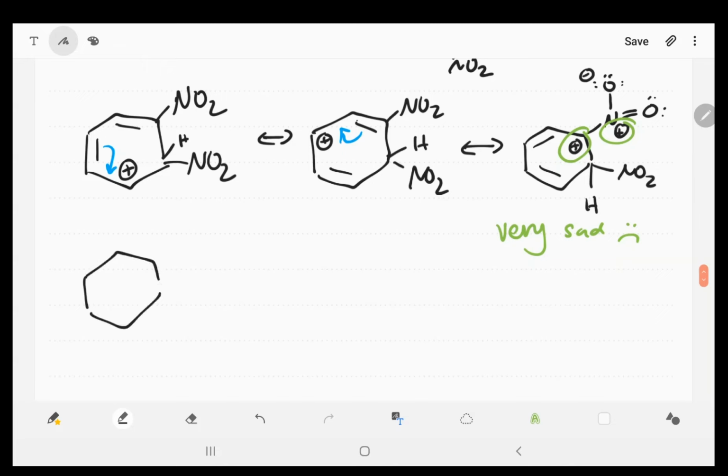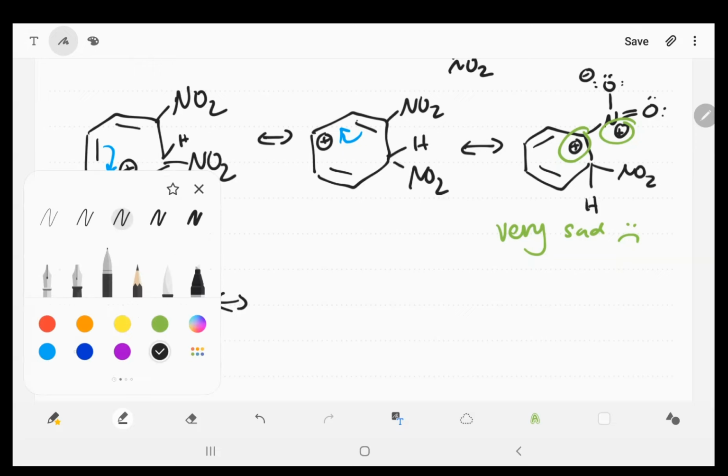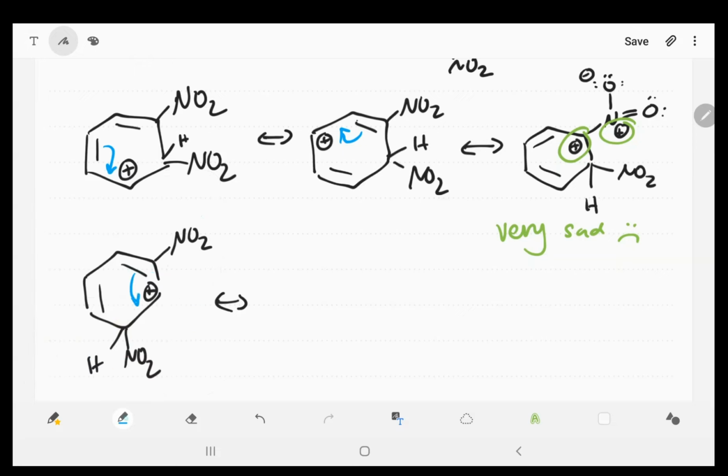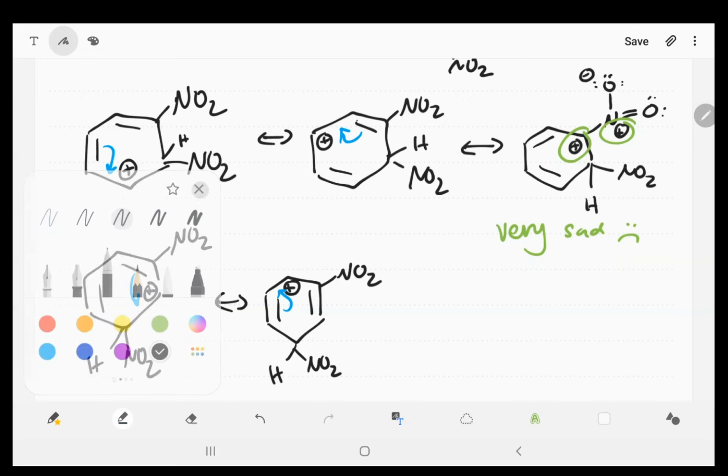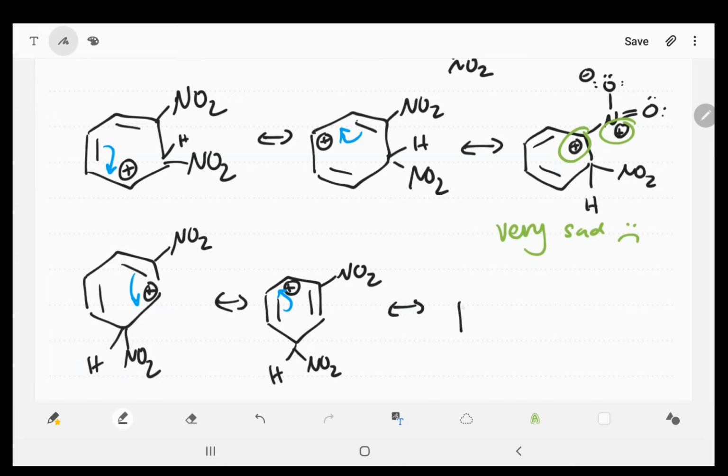If we take a look at the, let's do the meta, I guess. We've got our positive charge there. If we resonate this one around, we're going to see, no matter how we resonate this, we are going to end up having all of these in relatively good resonance positions.